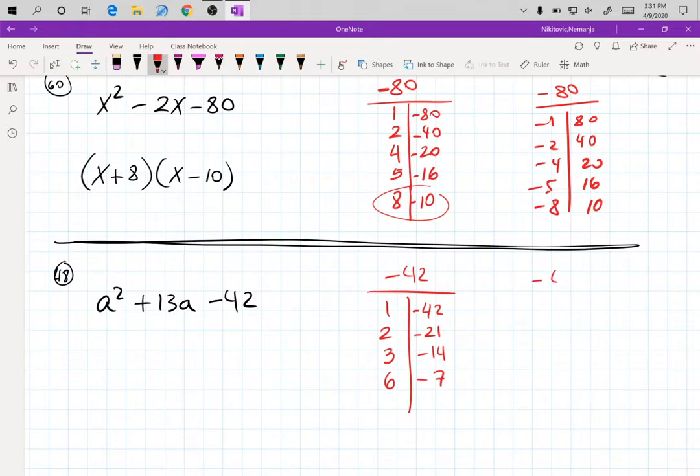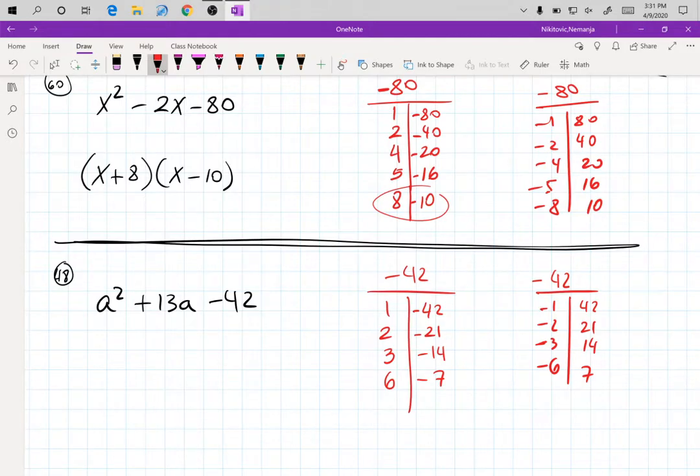And you have the other list where the other numbers are negative. It's the same chart, just copy everything and make sure you change the signs. So the question is, which one adds to 13?